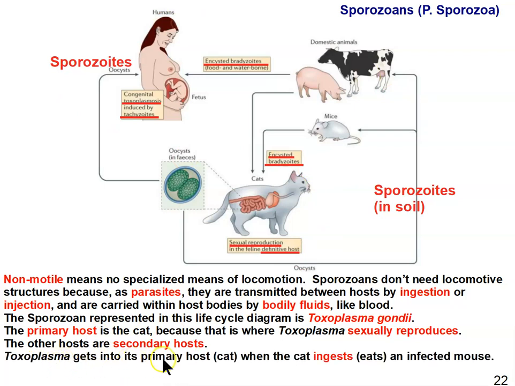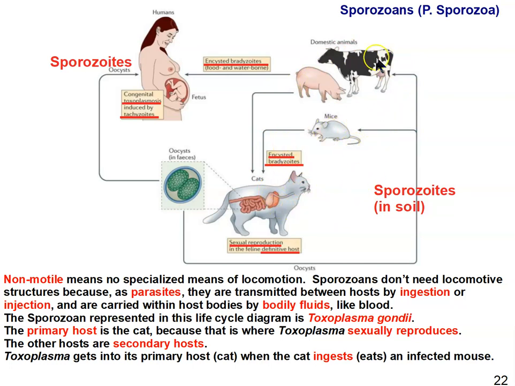And Toxoplasma gets into its primary host, in other words the cat, when the cat ingests an infected mouse. So this is the primary life cycle of the parasite. But it can break out of this life cycle and infect other organisms. The mouse is the secondary host, but other organisms can be the secondary host too.